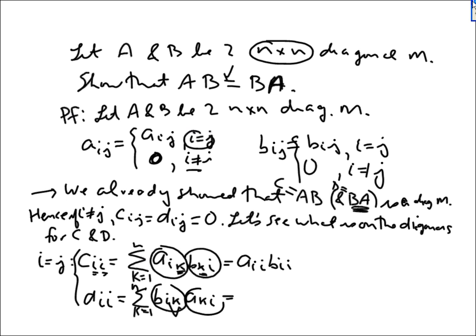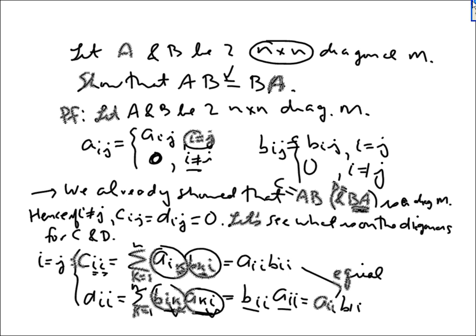Same argument here. So the only time this might not be 0 times 0 is when k is i. That is Bii, Aii. But these are real numbers. Real numbers commute.